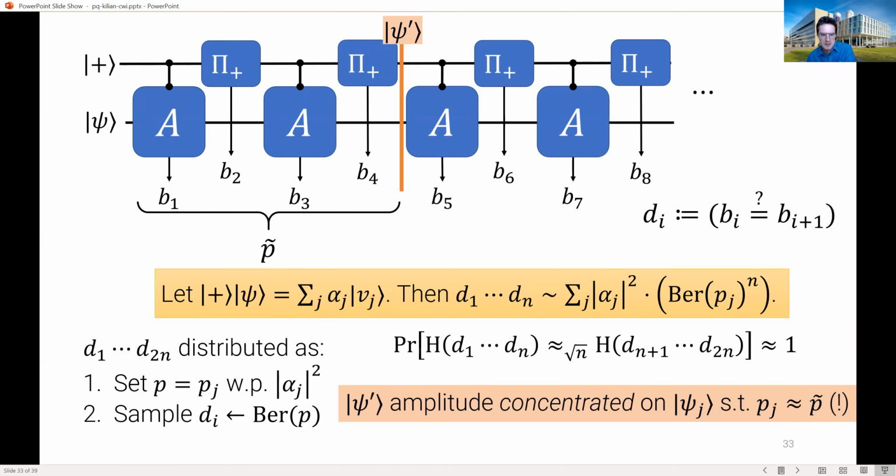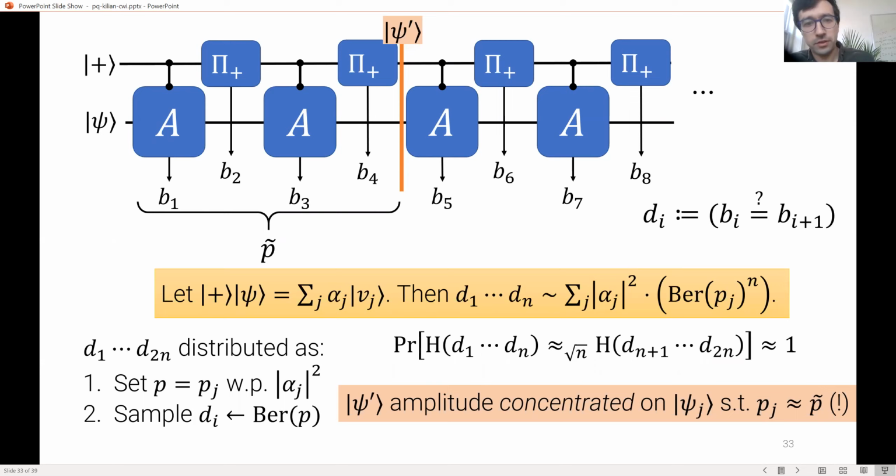Maybe can you now repeat the argument you made at the end? Sure. Conditioned on this choice of J, you get a bunch of Bernoulli trials, and Chernoff bounds tell you that the value in the first n trials is concentrated around its mean, and the value in the second n trials is concentrated around its mean. In particular, these are both concentrated around this P that you chose in step 1.